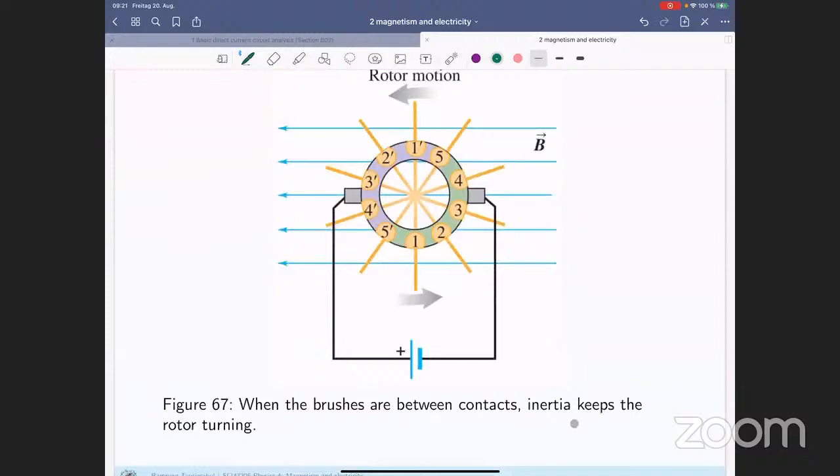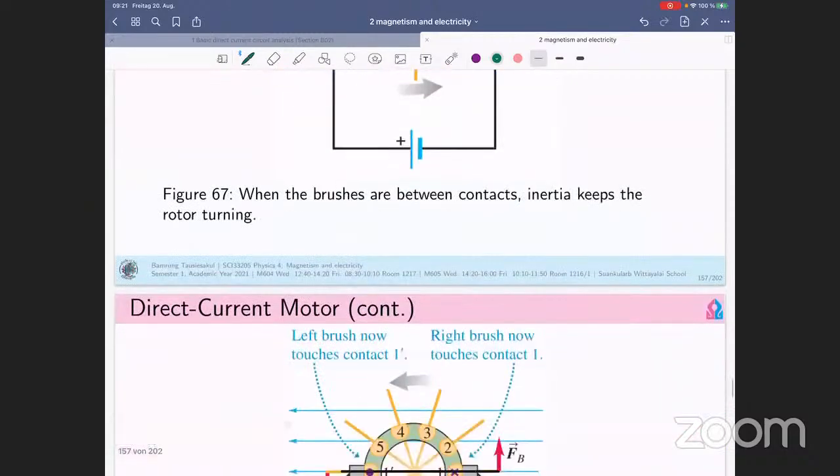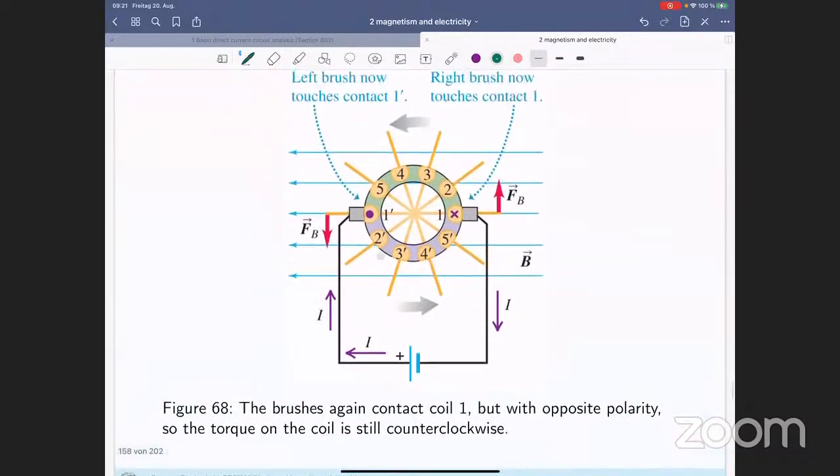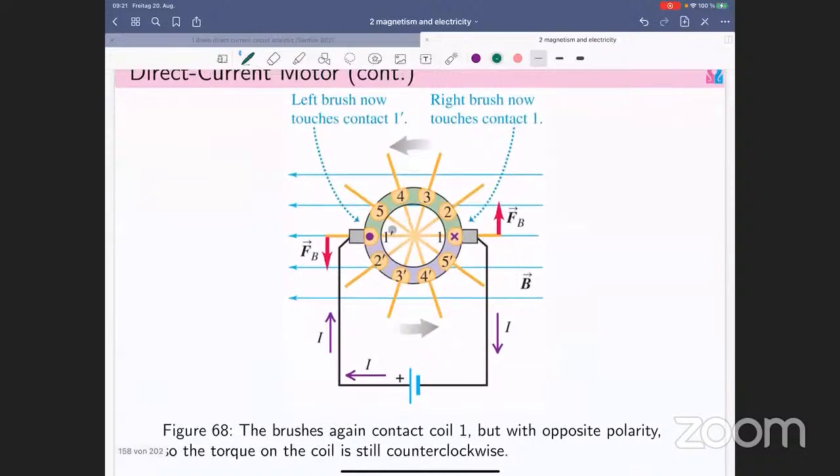Inertia will keep the rotor turning, and the next one, you just rotate until the 1 prime, which is actually on the right side, now move to the left side, but the same process will happen even when 1 prime reaches this brush, because the brush doesn't know any number of the conductor.